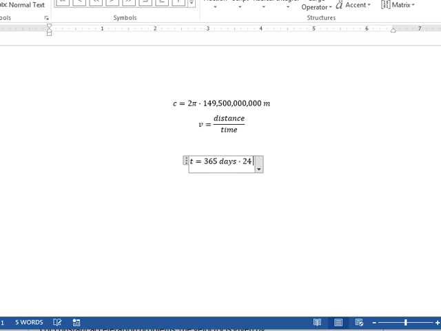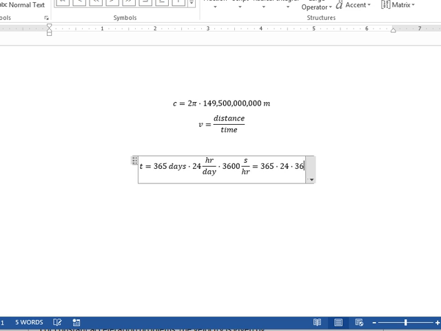Well, there are 24 hours per day, so that gets rid of days and gets us to hours. And then there are 3,600 seconds per hour. Now we know the time in seconds. It's just 365 times 24 times 3,600 gets us the time in seconds.